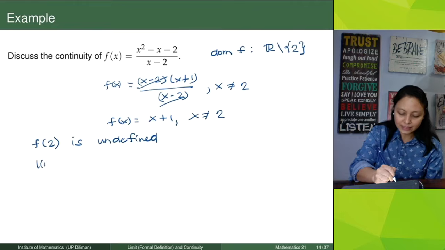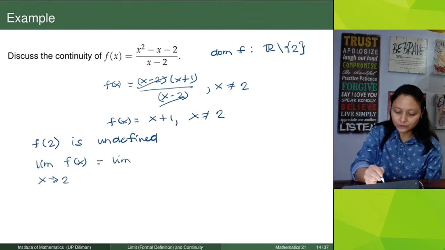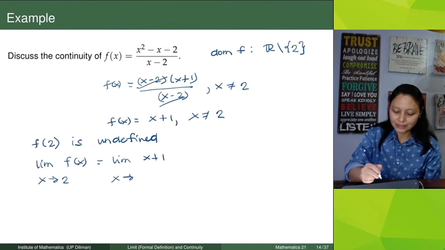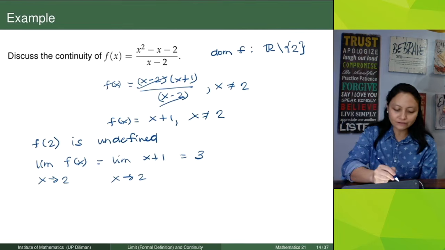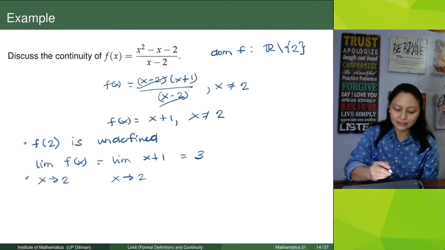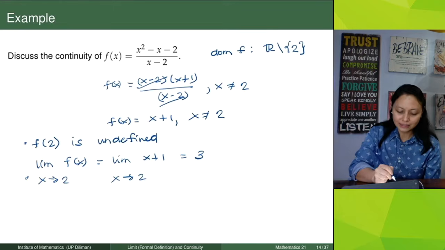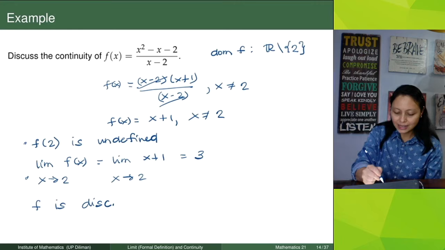But, if you get the limit of f of x as x approaches 2, take note yung f of x natin, di ba, can be simplified as x plus 1. So this is equal to 3. Okay, the limit exists. However, f of 2 is already undefined. Therefore, we say that f is discontinuous at x equals 2.